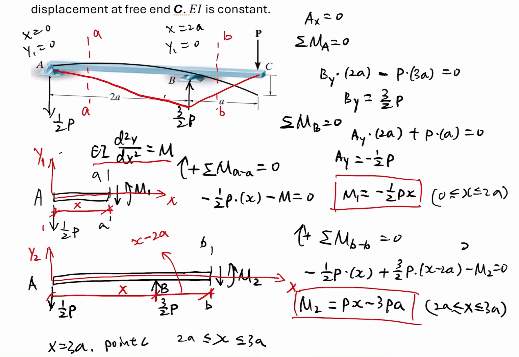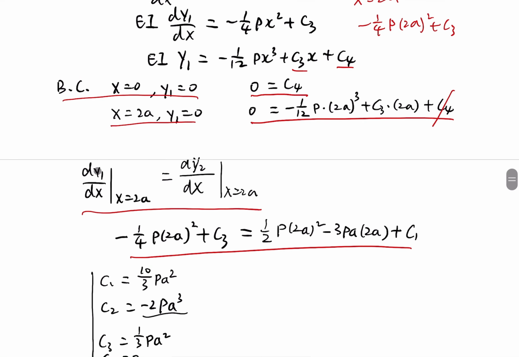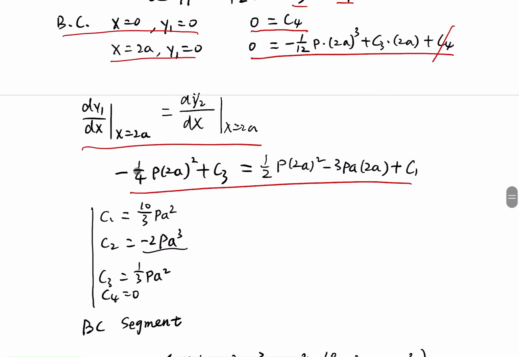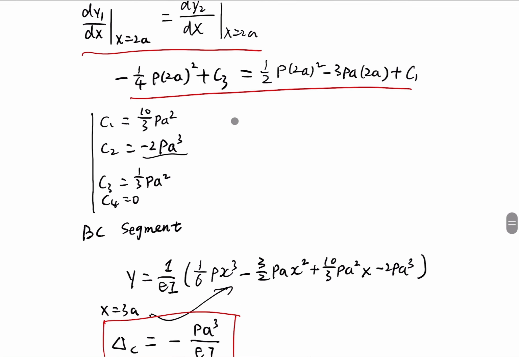So based on this continuity condition, we can come out with one extra equation, shown here. The slope from y1 and the slope from y2 at the same location are equal to each other. So now we have 4 equations, 3 from boundary conditions and 1 from the continuity condition, and then we can come out with the 4 unknown constants.